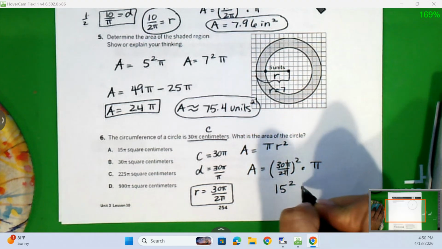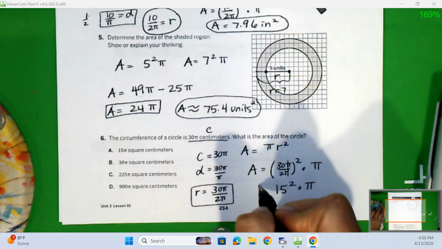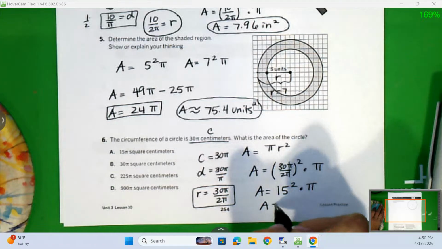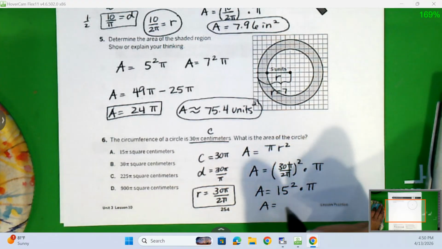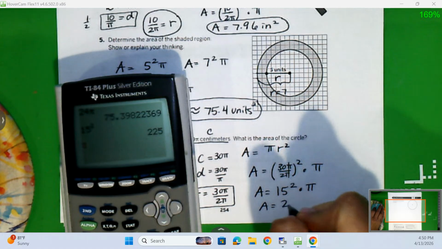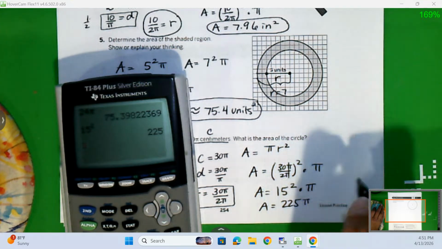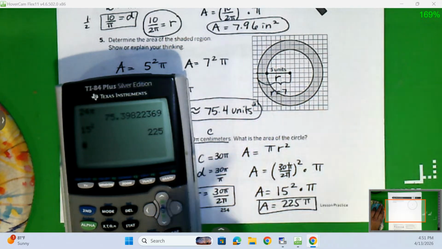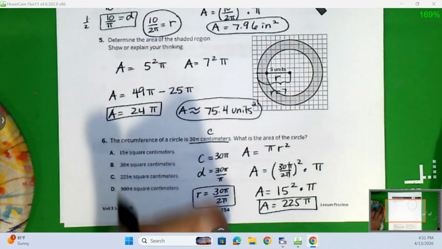So I'm going to have 15 squared times pi. Area is equal to 15 squared, which is 225 pi. That would be our exact answer. And that coincides with C.